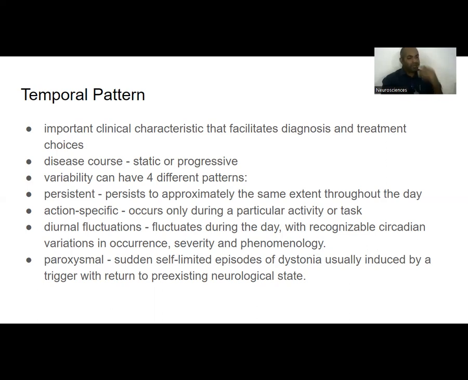It's an inherited disorder that has fluctuations. And you can also have paroxysmal dystonias, sudden self-limiting episodes of dystonia, usually induced by a trigger, with return to a pre-existing neurological state. So you can have various paroxysmal kinesigenic dyskinesias. So they can have paroxysmal dystonias.